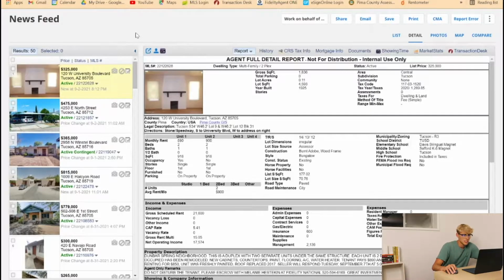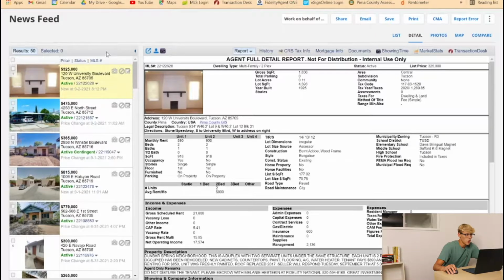But you're still going to do the same exact thing that I'm going to show you. We're going to start off with multifamilies because if you're looking in the rental property business, then multifamily is probably what you're going to be doing. And that's what I did.